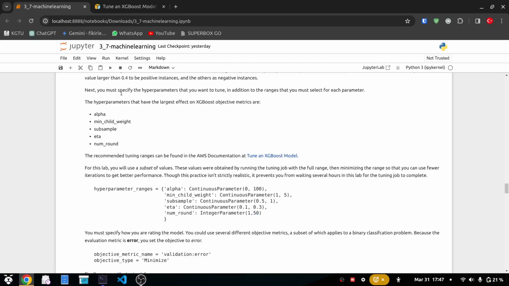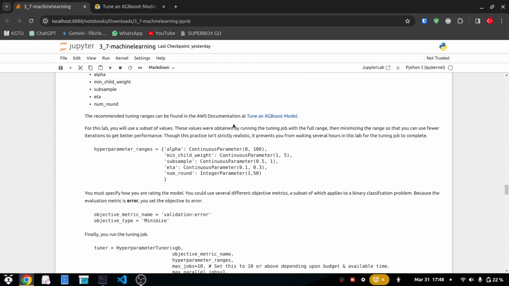Next, you must specify the hyperparameters that you want to tune, in addition to the range that you must select for each parameter. The hyperparameters that have the largest effect on XGBoost objective metrics are alpha, minimum child weight, subsample, ETA, and number of rounds, as these are hyperparameters of our XGBoost model. The recommended tuning range can be found in the AWS documentation on the Tune an XGBoost Model web page.